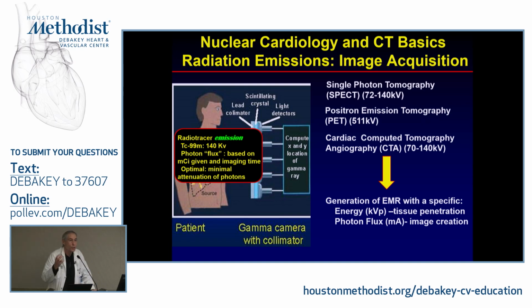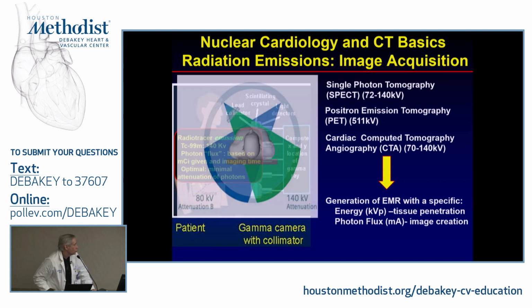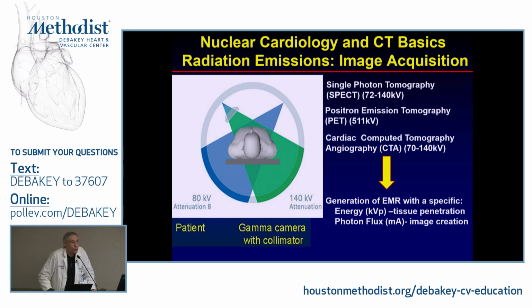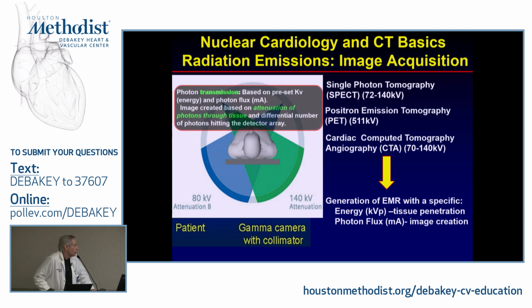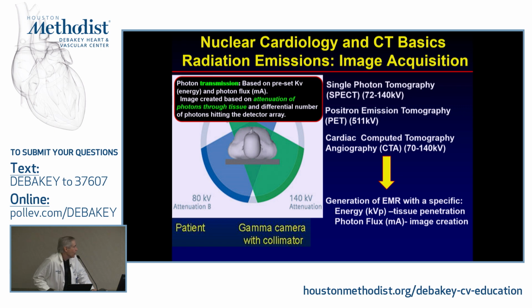So it's really important to have counts or photons in order to be able to make a good image. And that's the same thing with CT. CT and nuclear imaging are very similar, except that CT is a transmission scan, whereas nuclear imaging is an emission scan, okay? And with CT, obviously, again, it's based on the issue of kV and photons. So if you have a very large person, 140, 50 BMI, you're going to need higher kV in order to get photons to where they need to be.